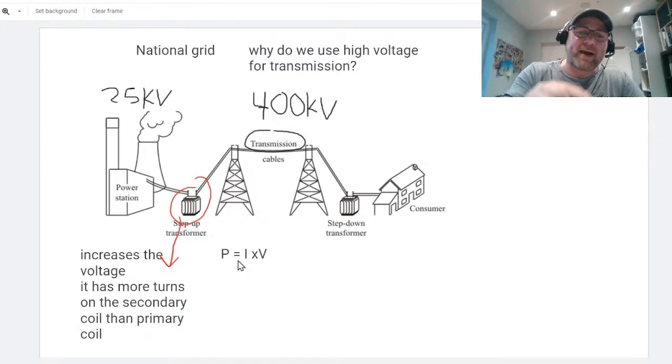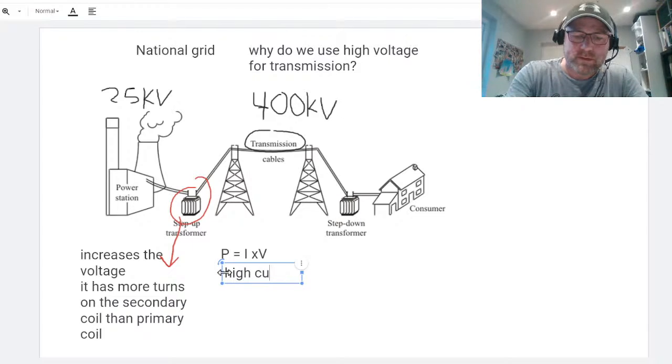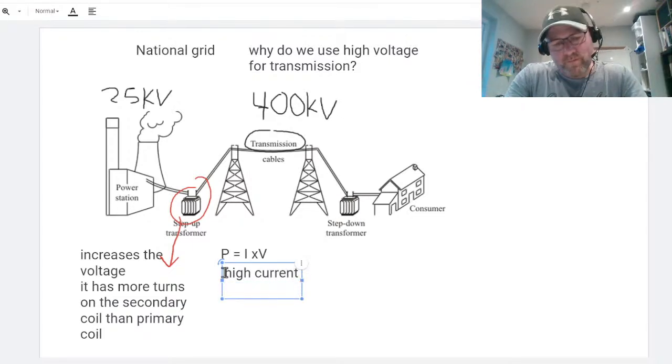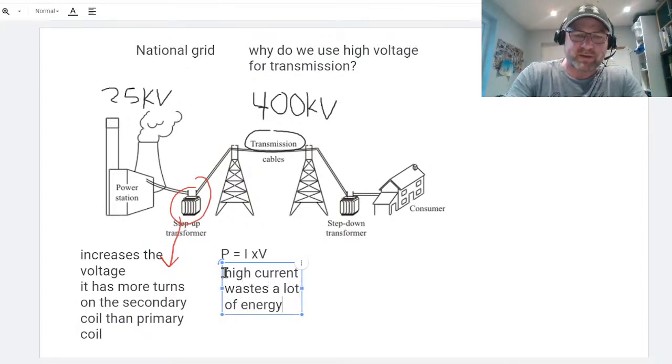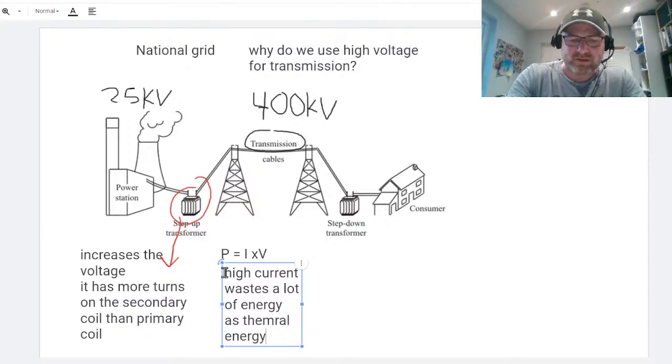Now we can deliver that as current and voltage, because power is equal to current times voltage. There's a problem. High current wastes a lot of energy as thermal energy to the environment.